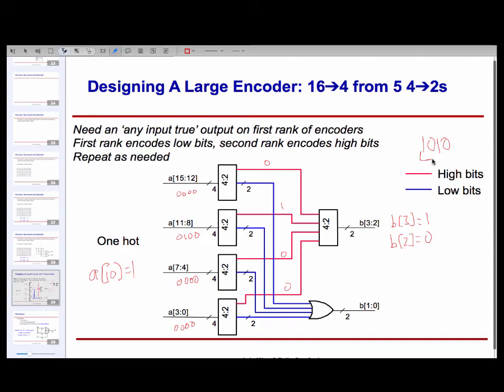The upper 2 bits basically indicate which of the 4 encoders was seeing the high bit. If the bits were from 12 to 15, then the output should say 1, 1, and that makes sense because the number 15 is 1, 1, 1, 1 and the number 12 is 1, 1, 0, 0. Likewise, A8 through 11 basically says the upper 2 bits of my output are 1, 0. A7 to 4, if my one hot code appeared out there, that means the upper 2 bits are what?